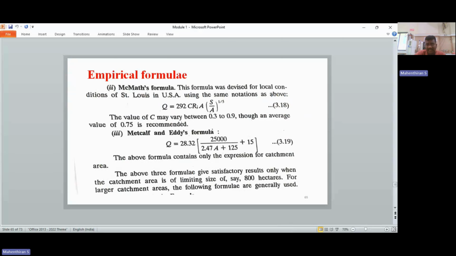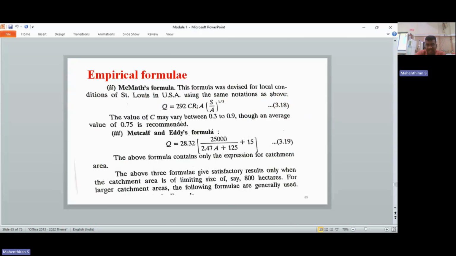Now, let me give you practical guidance for selecting C in McMahon's formula. We will select C equal to 0.3 to 0.4 for highly permeable surfaces, sandy soils, flat terrain, and dense forest. We will select C equal to 0.5 to 0.6 for mixed conditions with significant pervious areas, loamy soils, and gentle slopes.